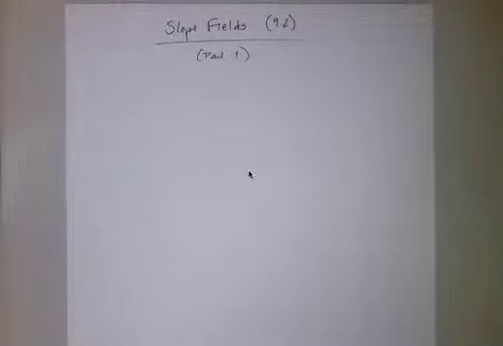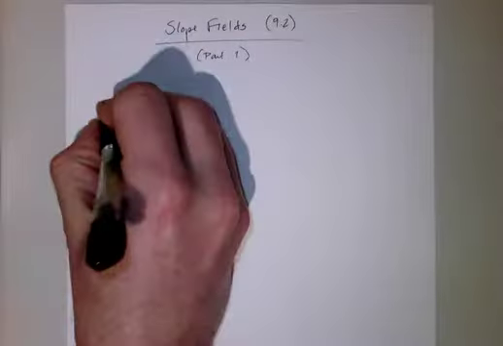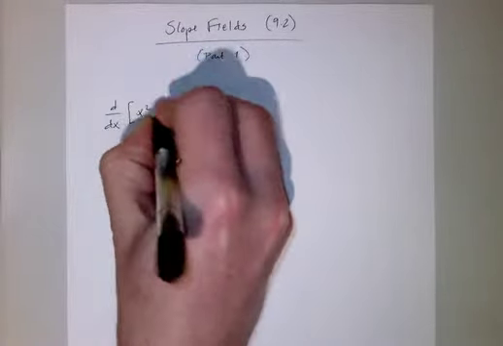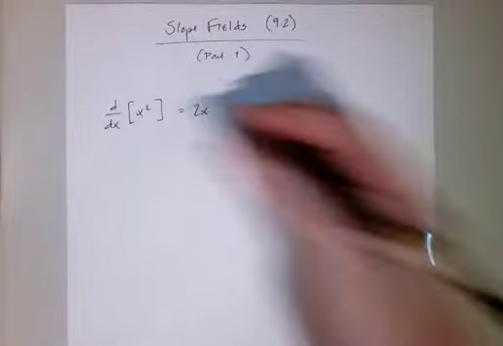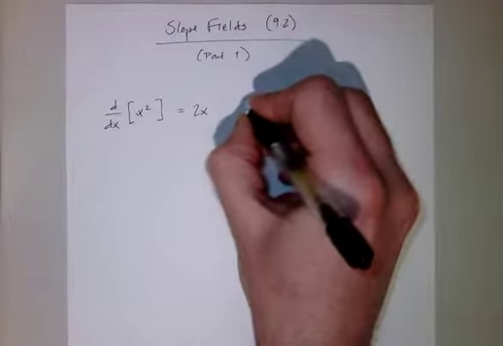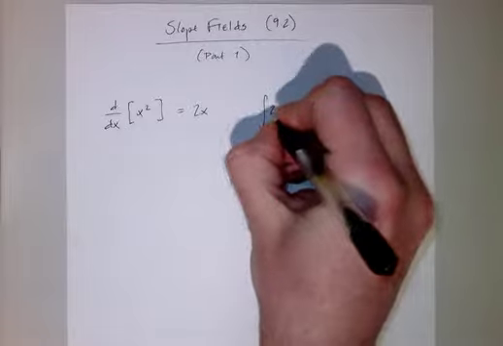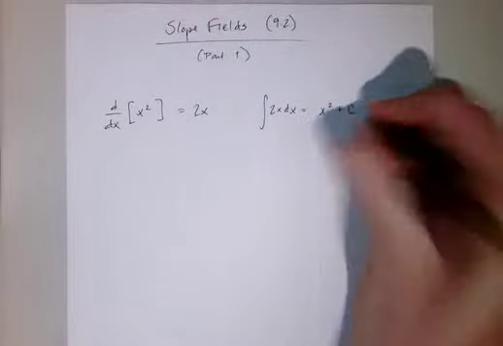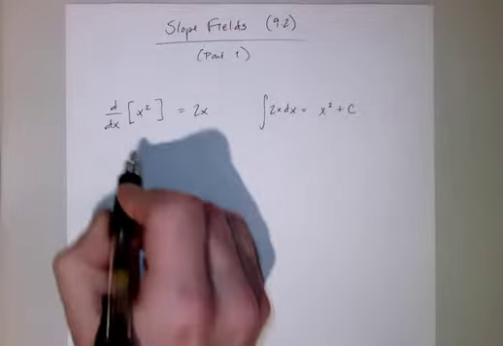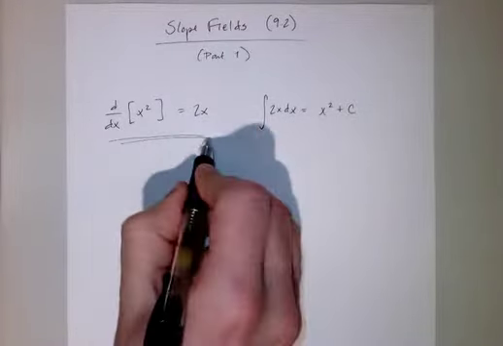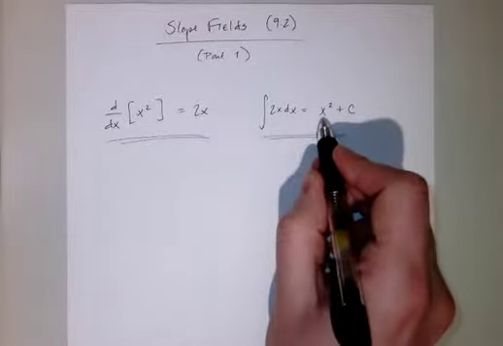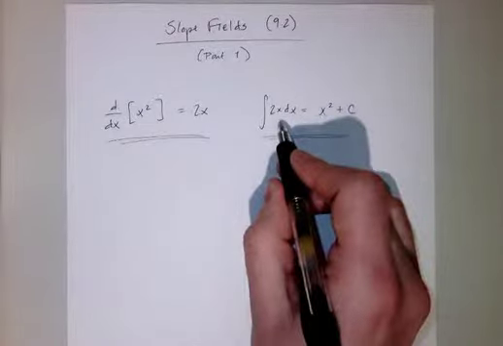Now remember that when we were dealing with derivatives, we dealt with a derivative of, say, x squared, and it was 2x, right? But if you dealt with the integral of 2x, you had x squared plus c, right? There was one derivative of x squared, but there was an infinite number of antiderivatives of 2x.